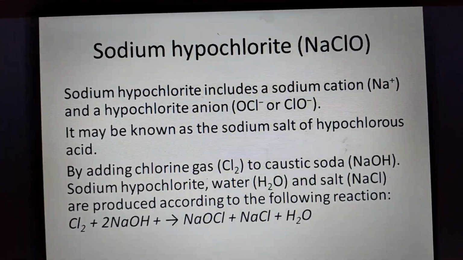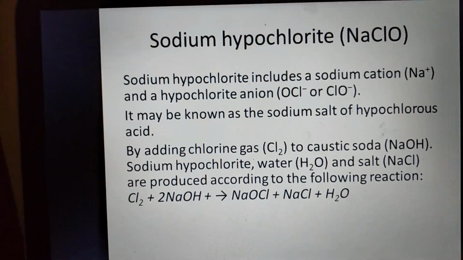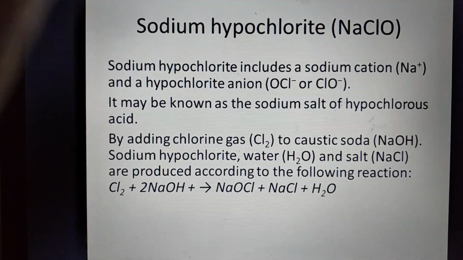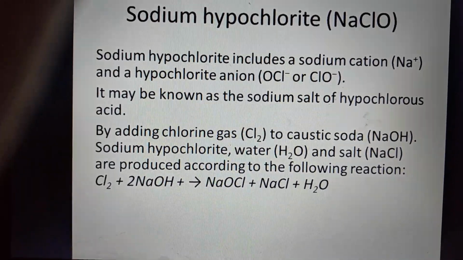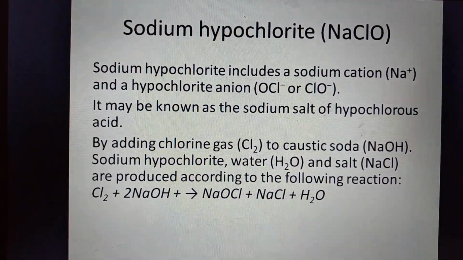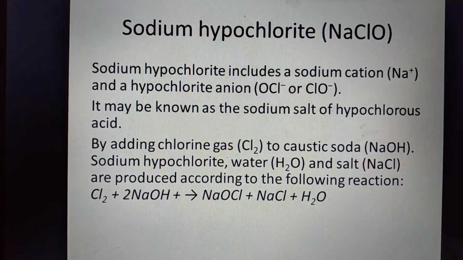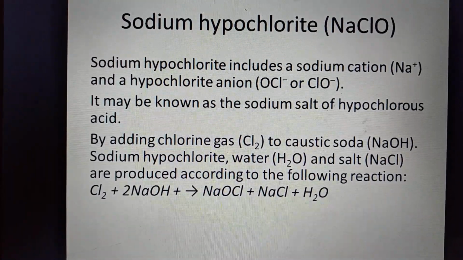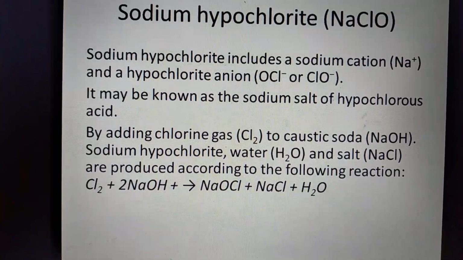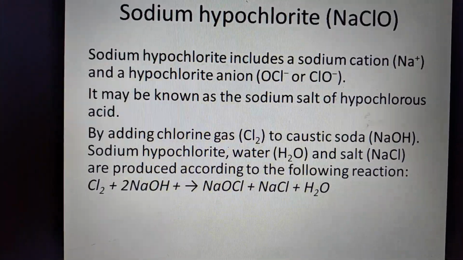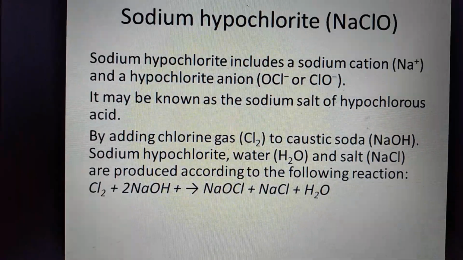Now we will discuss the second chemical, sodium hypochlorite, NaOCl, which we also use in the lab for titration with a reducing agent, sodium thiosulfate. Sodium hypochlorite includes a sodium cation, Na plus, and a hypochlorite anion, OCl minus.